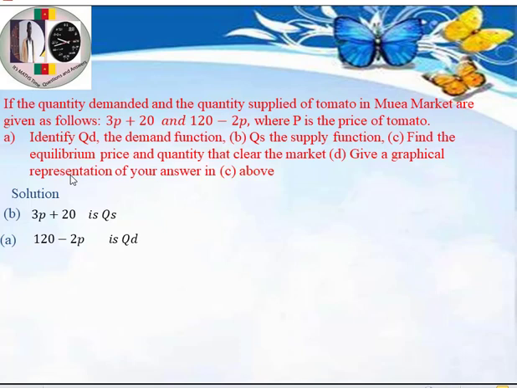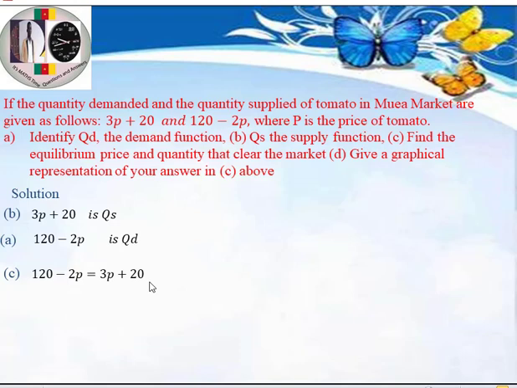So if the quantity demanded is equal to the quantity supplied, then the quantity demanded function and the quantity supplied function are equal. So in this case, we will have 120 minus 2p, which is the demand function, equals 3p plus 20, which is the supply function.